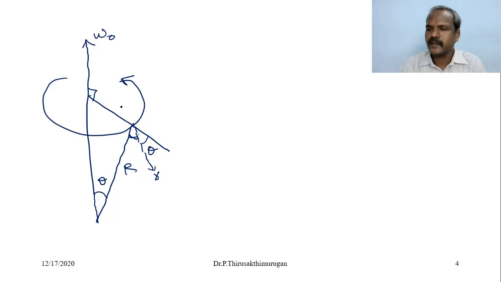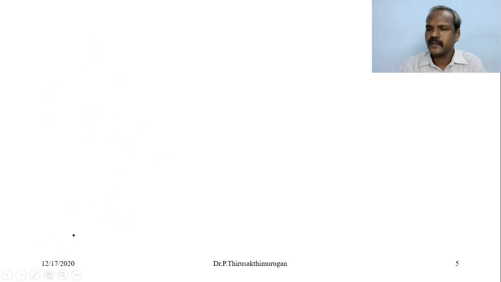This is the mass m, rotating with the velocity v. This is the radius. This is called the Coriolis force. Theta is rotating to the right hand side. So this is the Coriolis force.